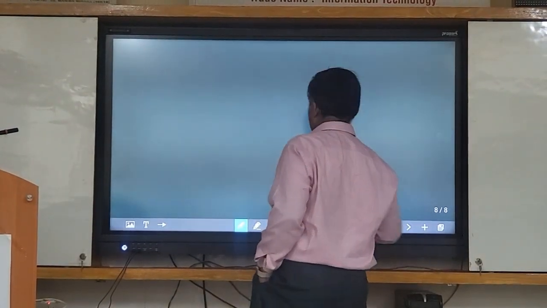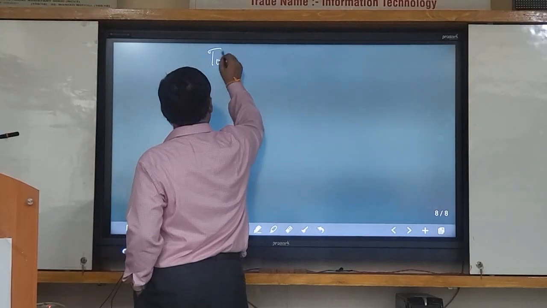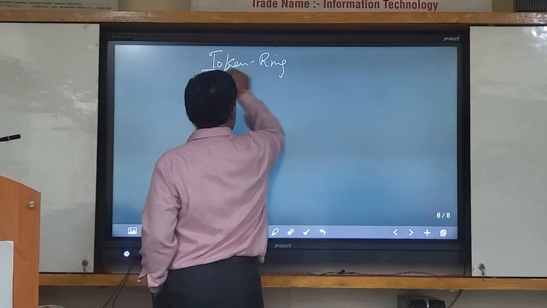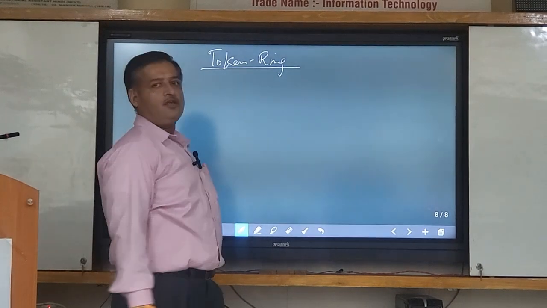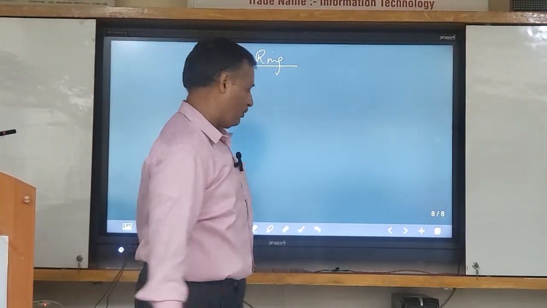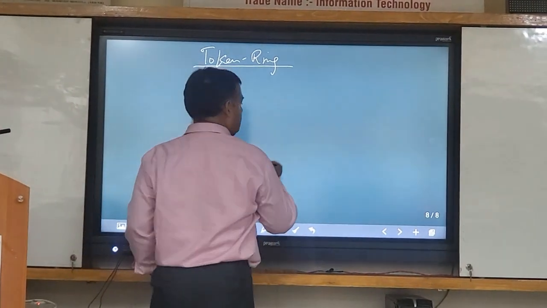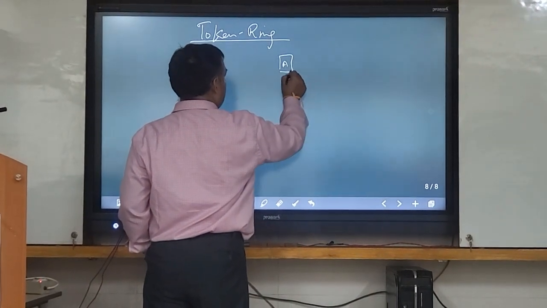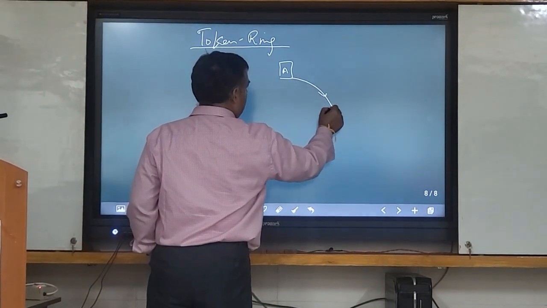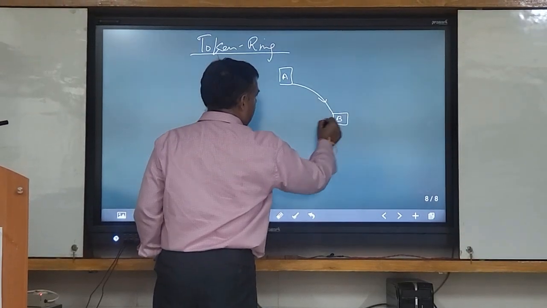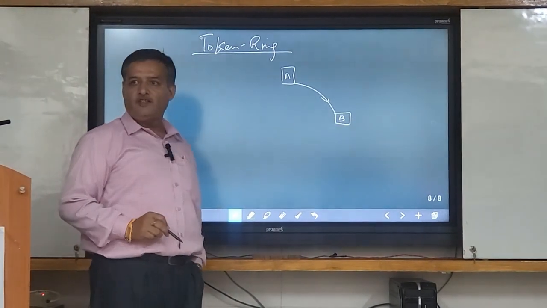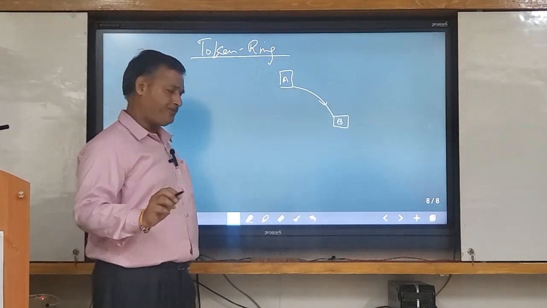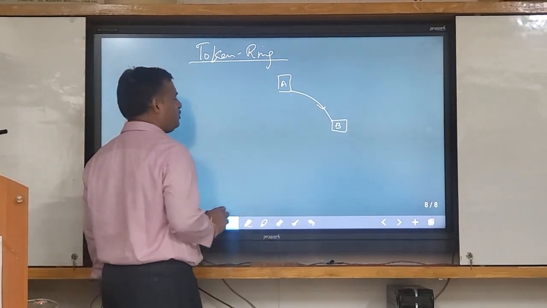Now, token ring. Basically, it is a ring type of topology, but the word token is very important, so it is called token ring topology. In this type of topology, the arrangement is such that one computer, A, is connected to computer B by a coaxial wire, preferably coaxial wire, but sometimes twisted pair wire is also used.